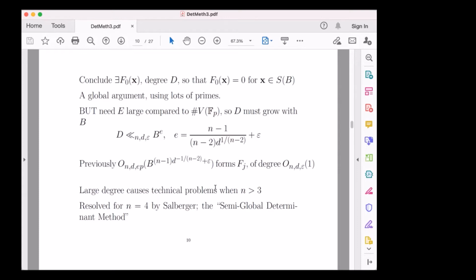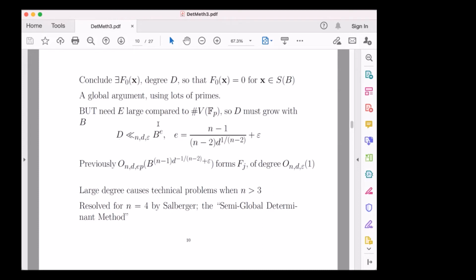However, the difficulty with the global determinant method is that f0 could alternatively be an irreducible form of degree capital D, and then using the previous information is difficult for forms of unbounded degree.